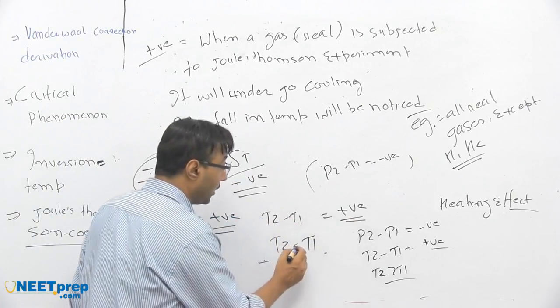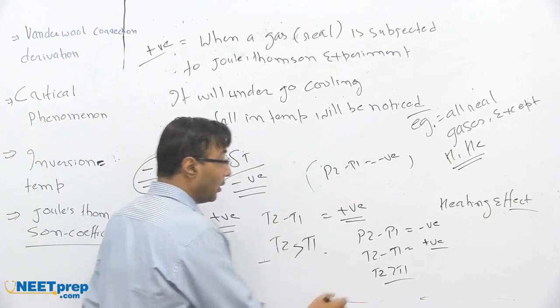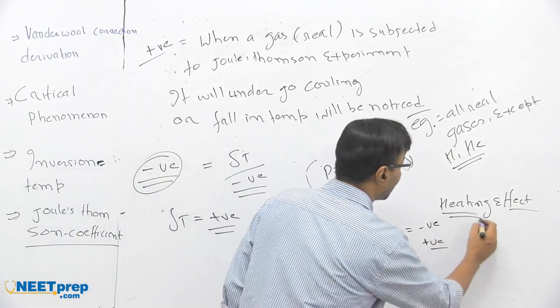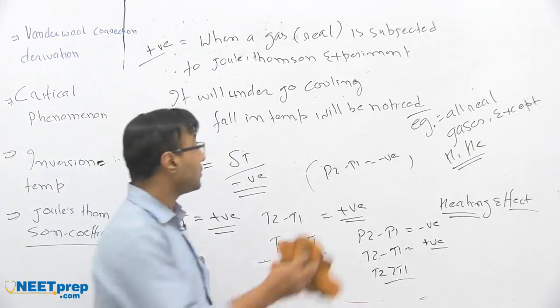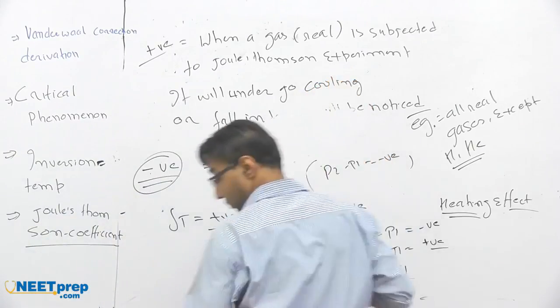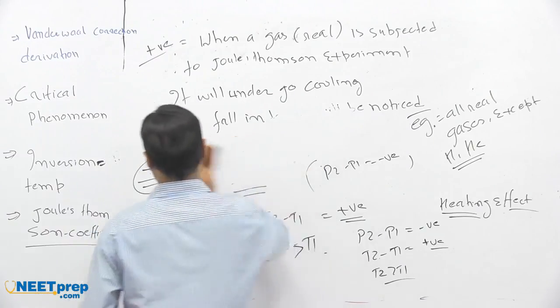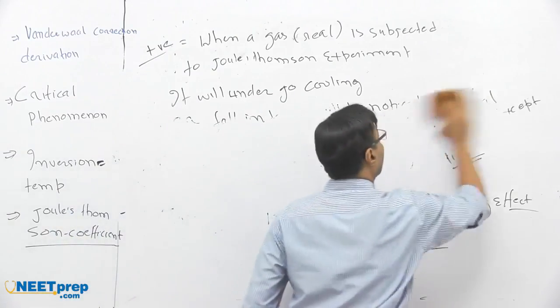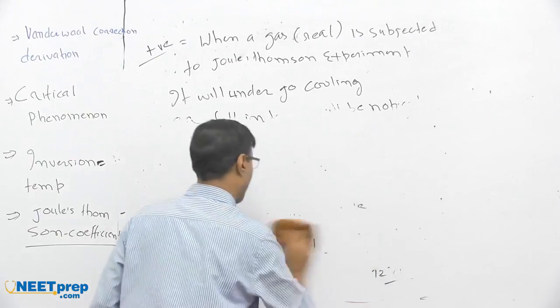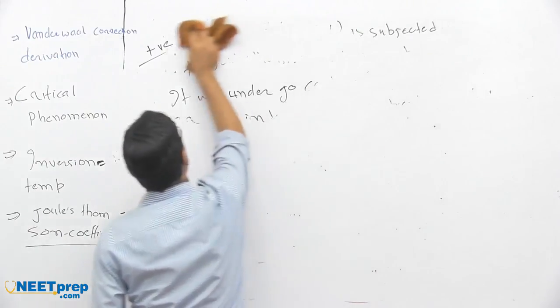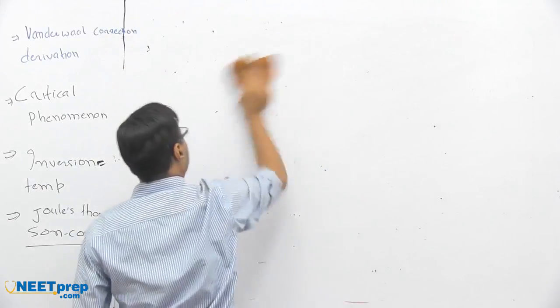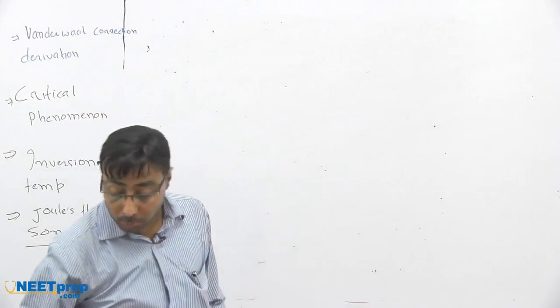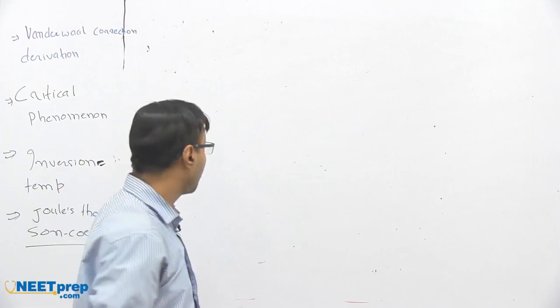It means T2 is greater than T1. When T2 is greater than T1, it means a heating effect takes place. So it is not P1 minus P2, it's P2 minus P1.